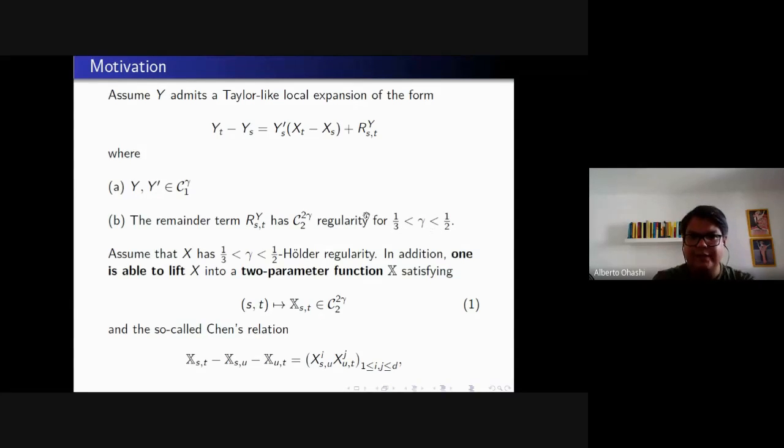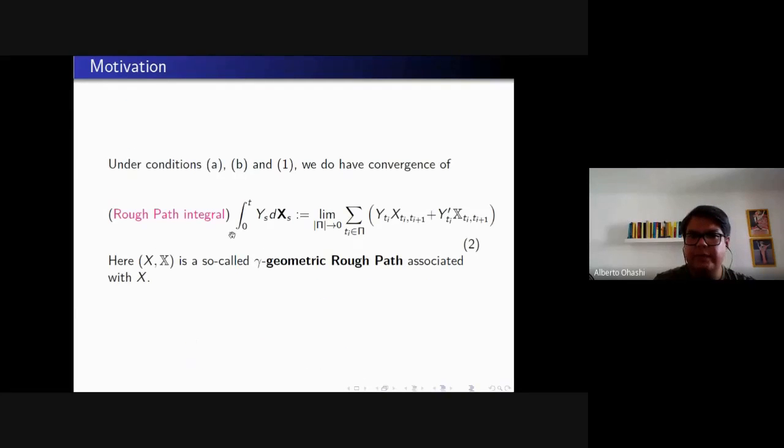Okay, so if you assume that X has this kind of regularity, then you are in the good framework, because in this case, rough path theory tells you that if you are able to lift X, the driving noise, into a two-parameter function satisfying this kind of regularity condition, and also Chen's relation, which is the algebraic constraint of rough path theory, then under these conditions A, B, and 1, we do have convergence of the Riemann sum, okay?